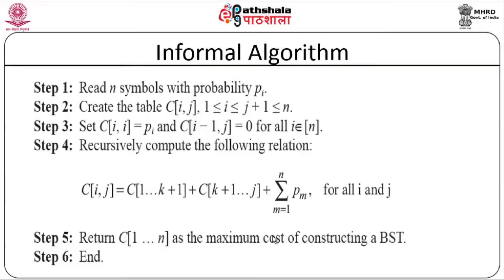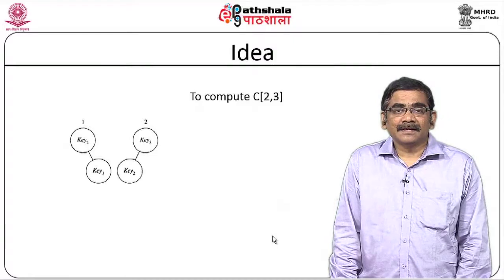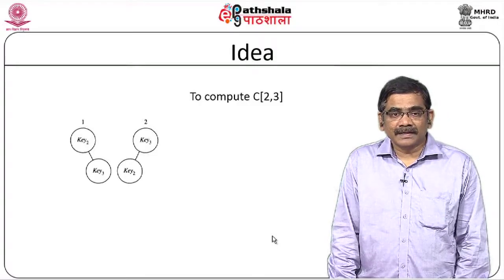So the cost is going to be C of i to k minus 1, plus C of k plus 1 to j, plus the sum of p of m, where m ranges from i to j. Finally, we reuse the concept, and the final C of 1 comma n gives the cost of establishing this.